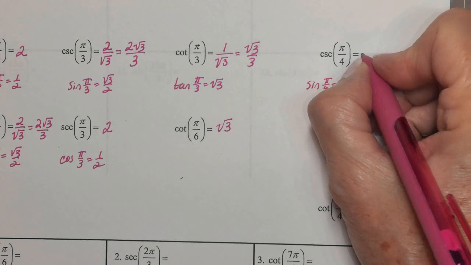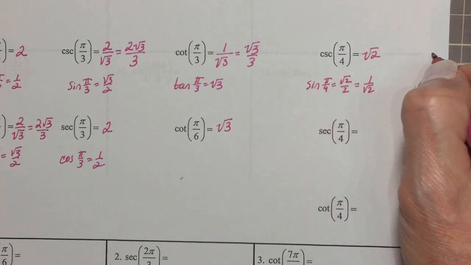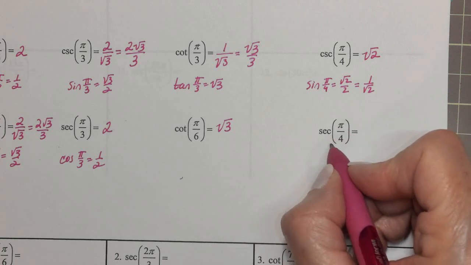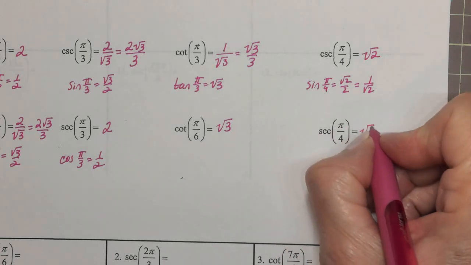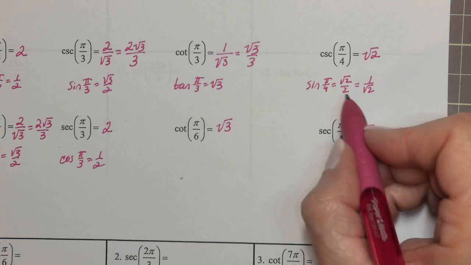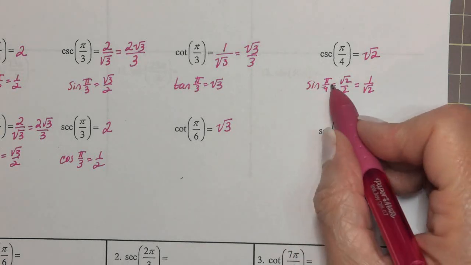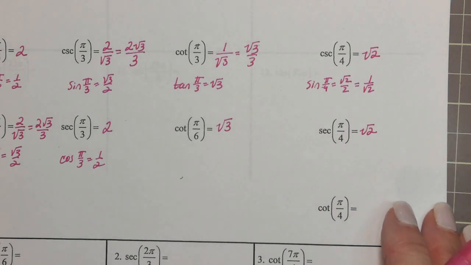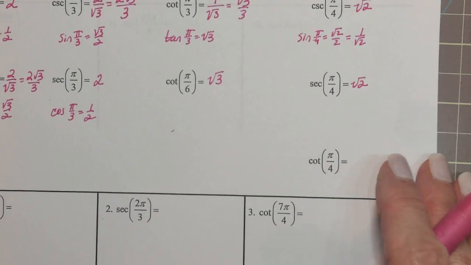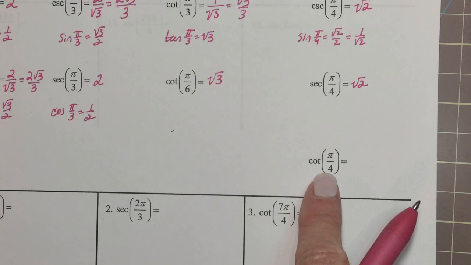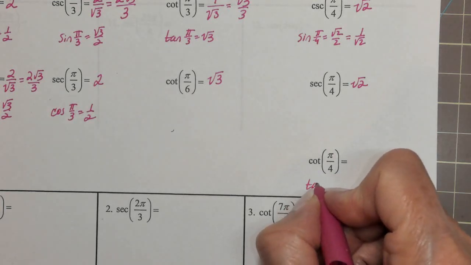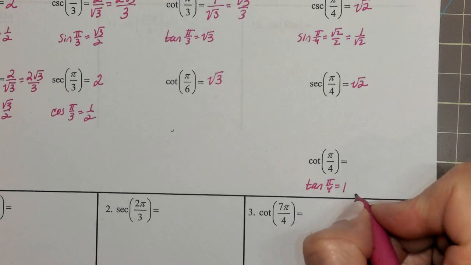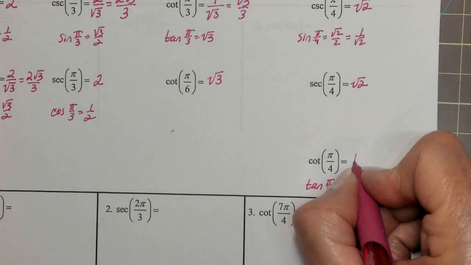If you flip that, you just get square root of 2. Which means that secant of pi over 4 will also be square root of 2. The reciprocal of cosine of pi over 4, but cosine and sine have the same values at pi over 4. Cotangent of pi over 4. Well, what was tangent of pi over 4? Tangent of pi over 4 was 1. What's the reciprocal of 1? 1.